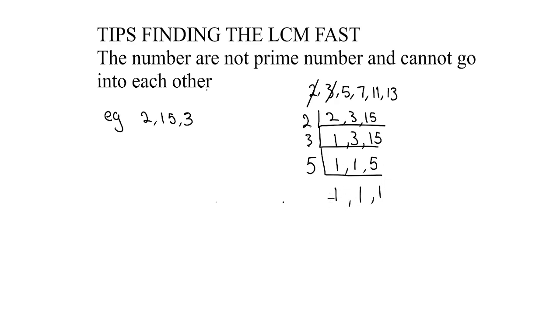Once you get 1, 1, 1 at the end, our LCM would be equal to the product of the numbers outside. That's 2 times 3 times 5. 2 times 3 is 6, 6 times 5 is 30, and you put 30 here. And that is how you would find the LCM of numbers that don't have anything in common.